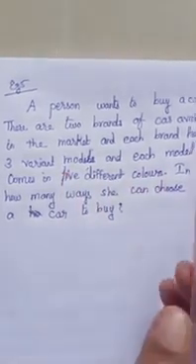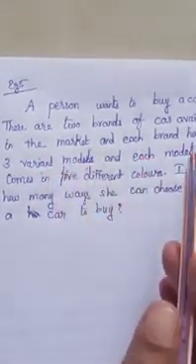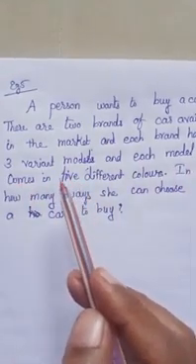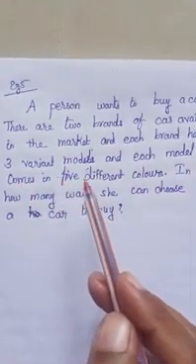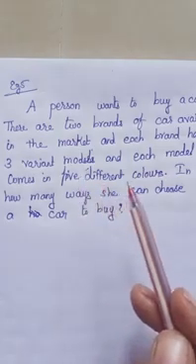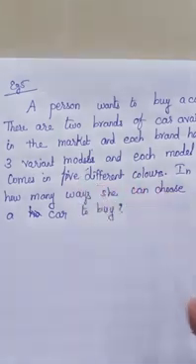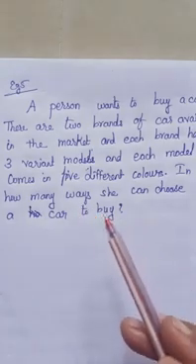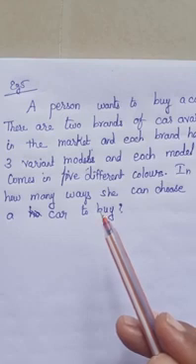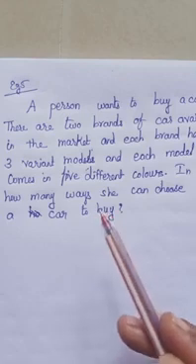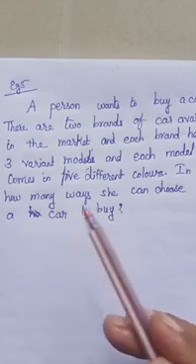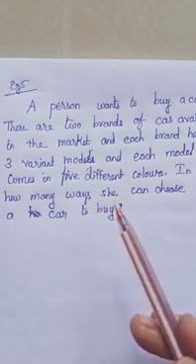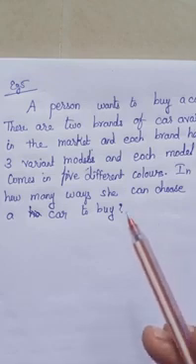A person needs a car. There are 2 brands of cars available in the market, and each brand has 3 variant models, and each model comes in 5 different colors. Anyway, she needs a car. 2 brands, any one car she is going to select. In that, 3 variant models are there, that model also she needs, and 5 different colors, any one color also she needs, isn't it?